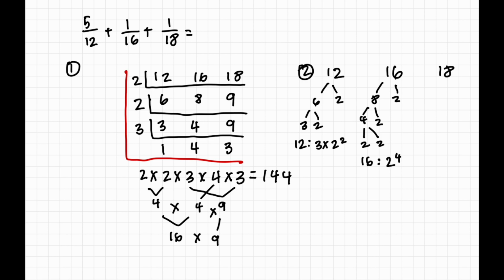And then 18. 18 is 9 times 2, or 6 times 3. And 9 isn't a prime number, so I'll divide that into 3 times 3. And that would equal 3 to the power of 2 times 2.